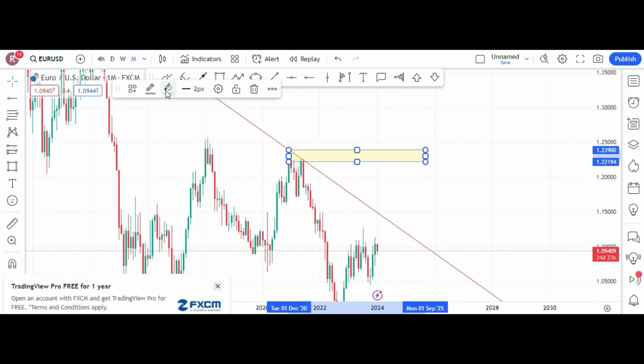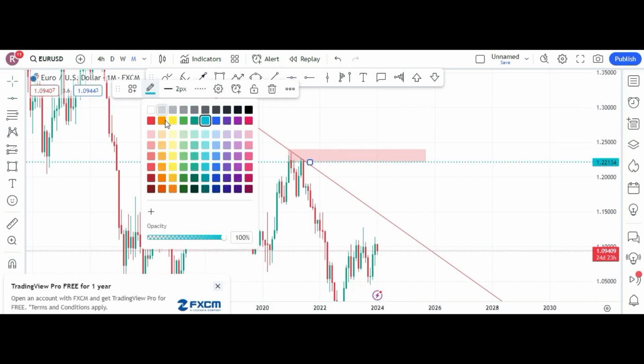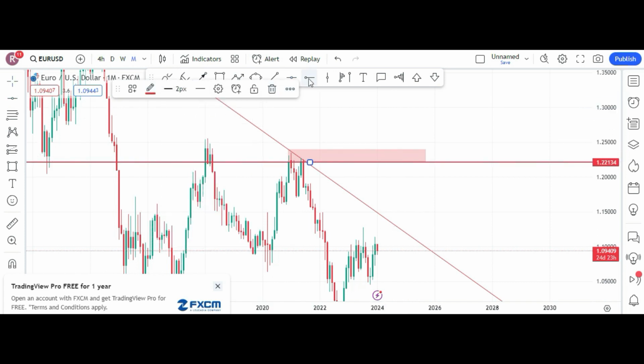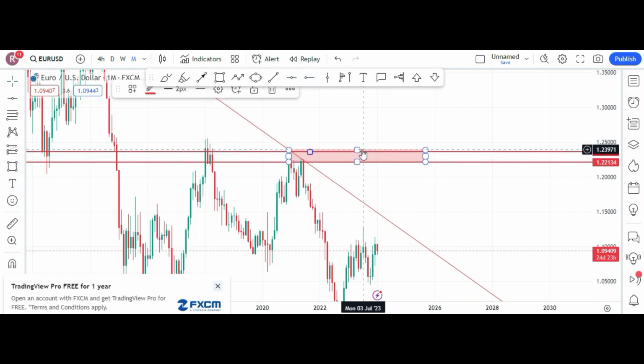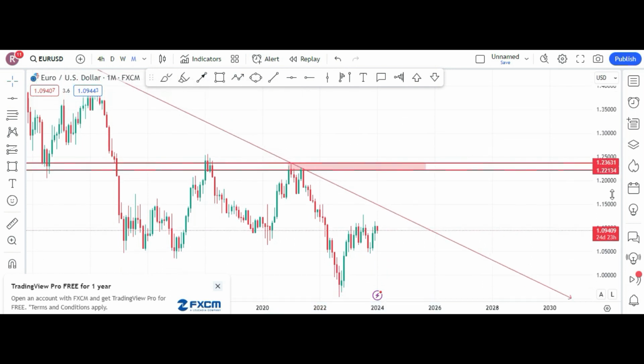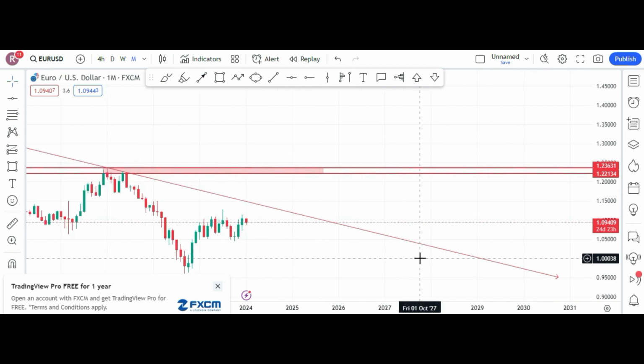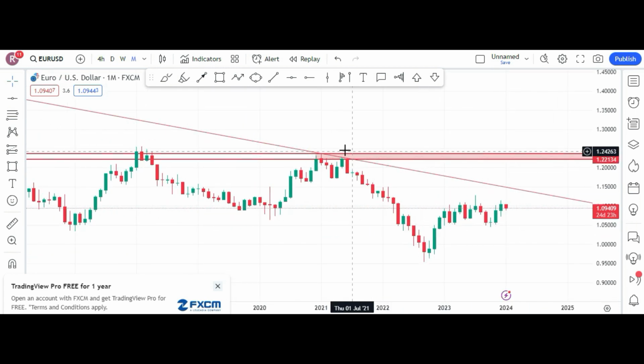Now, if we consider this double top, hold on guys, let me draw things properly. That is the depth of our market. Okay, double top is done. This double top has created this bottom from here. Okay guys, from here, not from here. From here, this guy, and this is the trend line.